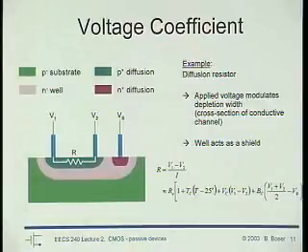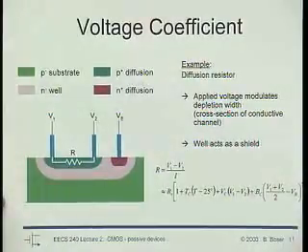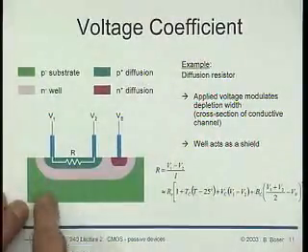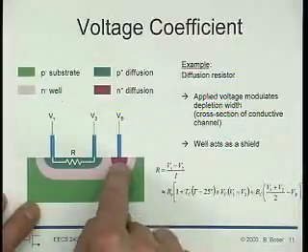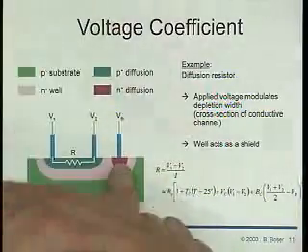We isolate as much as we can, right? Because we don't want to get 60 dB of isolation. We want to get 100 dB of isolation. That's very hard. You do everything that's in the book, and then a few of your own ideas. So we put this diffusion resistor in a well. So the substrate wiggles. Then the well is tied now to a clean, let's say, analog ground or whatnot, right?